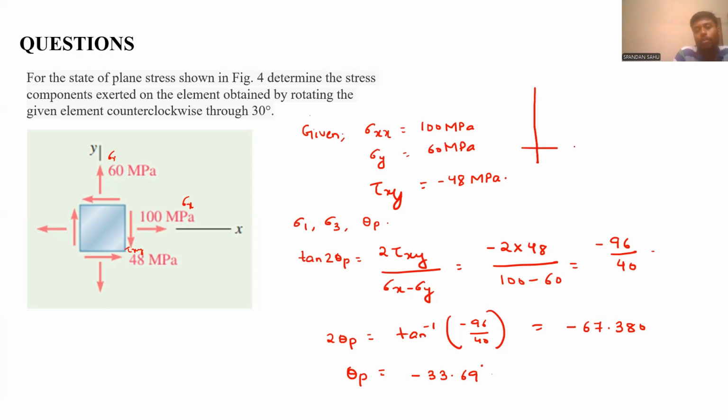Now let us draw a Mohr circle. This is tau, this is sigma.